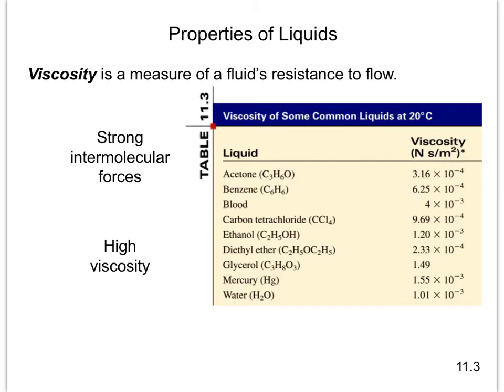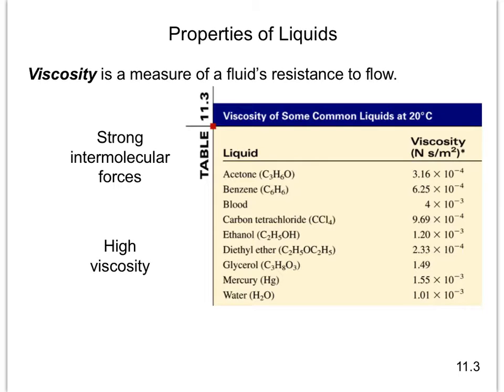Viscosity is something that you might not have talked about before. It's a measure of how a fluid flows, its resistance to flow. So if you think about maple syrup, for instance, maple syrup has a high viscosity. It doesn't flow very well.